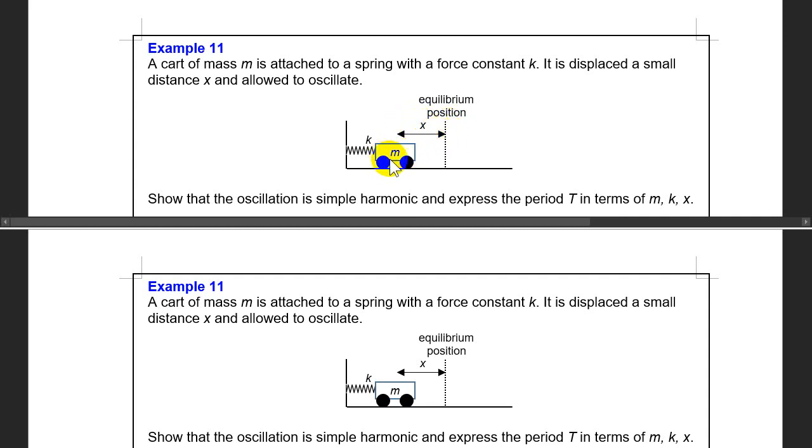If you get a formula that is negative something times x, then that will show that the oscillation is going to be simple harmonic. Okay, so that's what I'm going to do now.